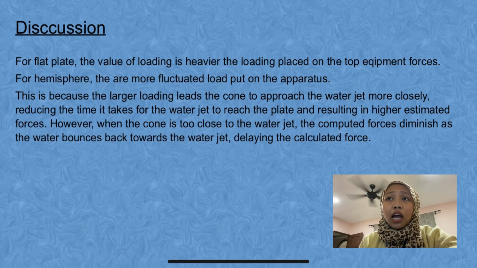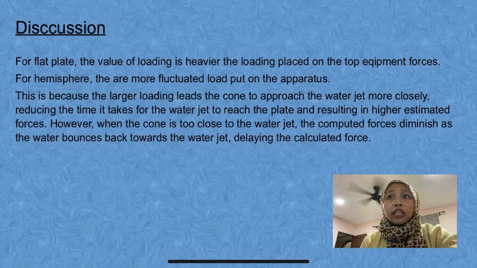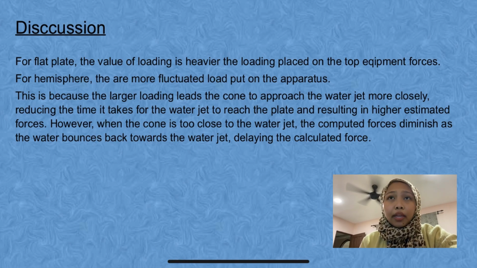This is because the large loading leads the cone to approach the water jet more closely, reducing the time it takes for the water jet to reach the plate and resulting in a higher estimated force. However, when the cone is too close, the computed force diminishes as the water bounces back toward the water jet, affecting the calculated force.